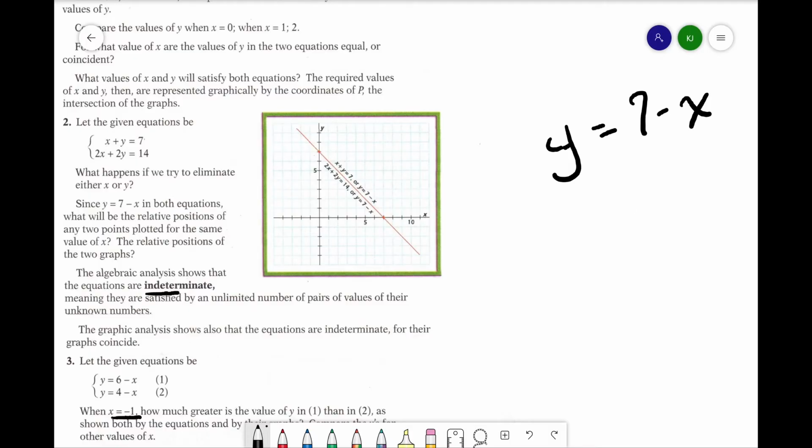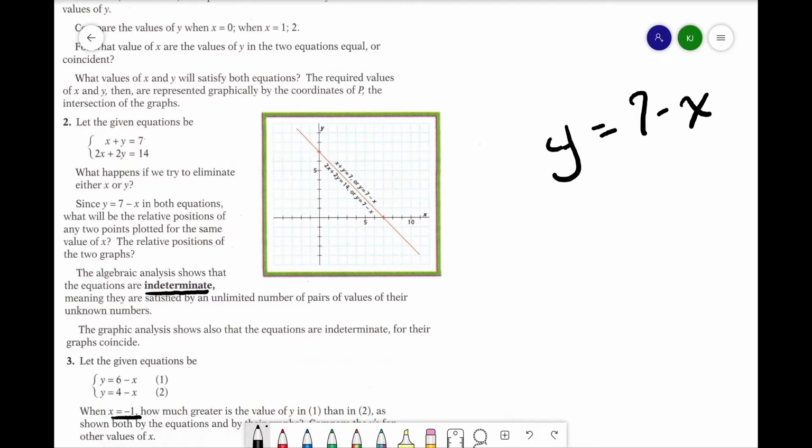Whatever we plug in for x is going to be the same for y, for both of them. So any number is going to satisfy both equations, basically. This makes them indeterminate, meaning they are satisfied by an unlimited number of pairs of values for their unknown numbers.